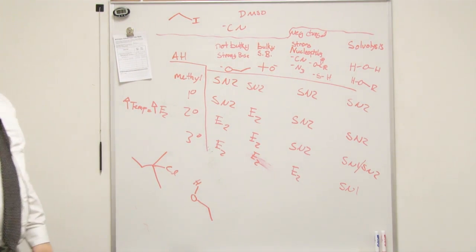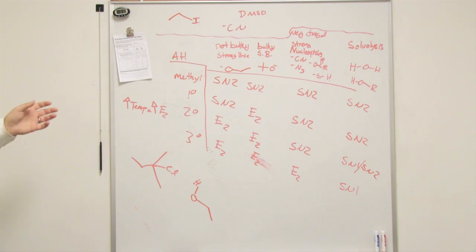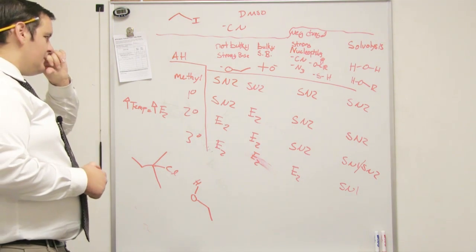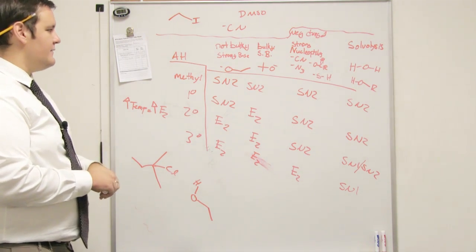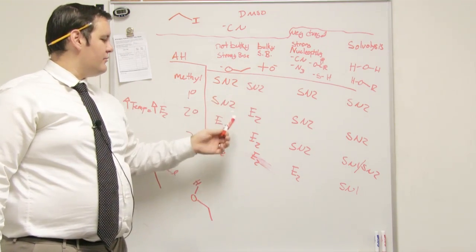And it's more strong base, weak base, but when I was in OChem, I wasn't very good at knowing strong bases, weak bases, nucleophiles. I would say if you see an oxygen with a negative charge, you're going to think, oh, strong base.